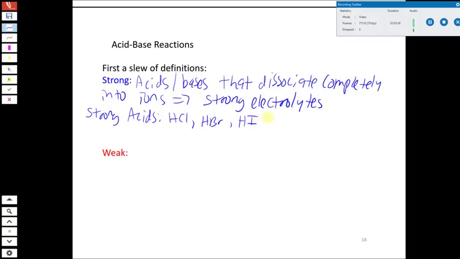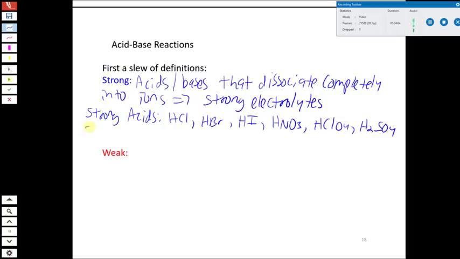And then there are a few oxoacids or polyatomic acids that are strong as well: nitric acid, perchloric acid, and sulfuric acid. So these are our 6 strong acids, the ones that when we dissolve them into a solution, are going to completely fall apart into H+ plus the anion, and then they're going to conduct electricity really well because there are a lot of ions in solution.